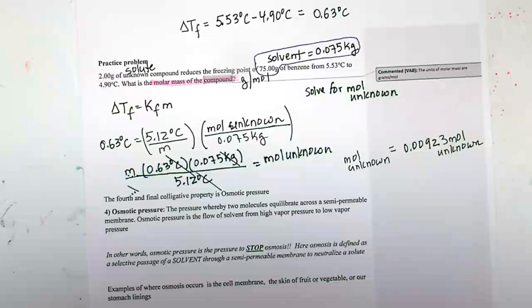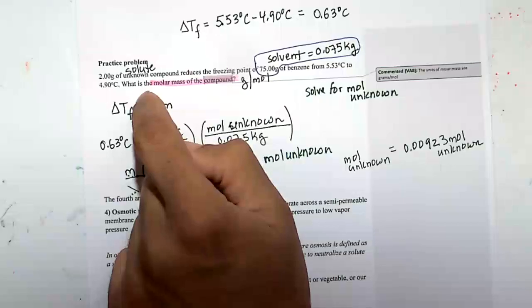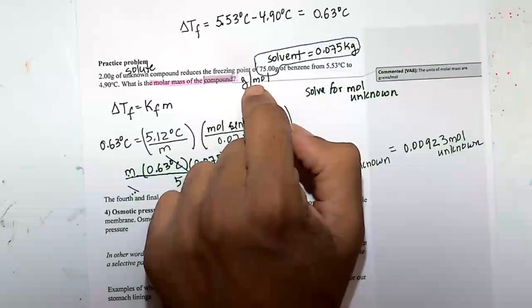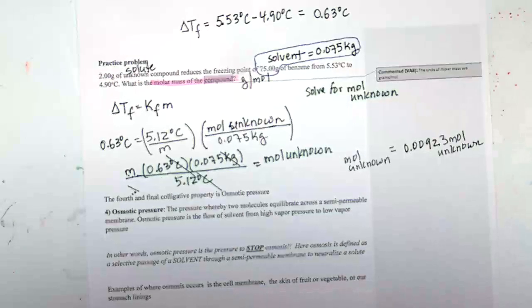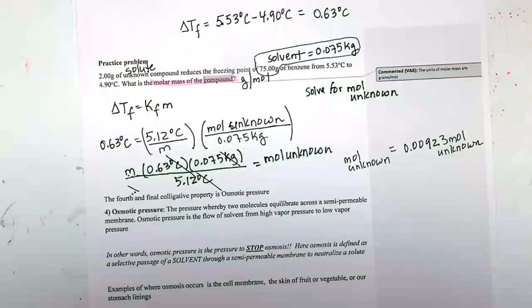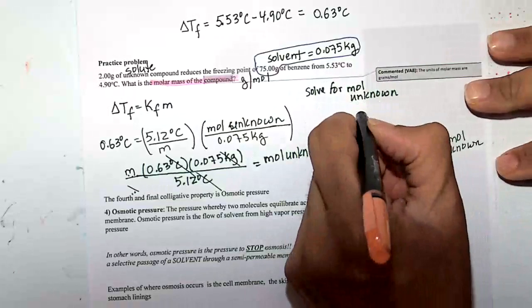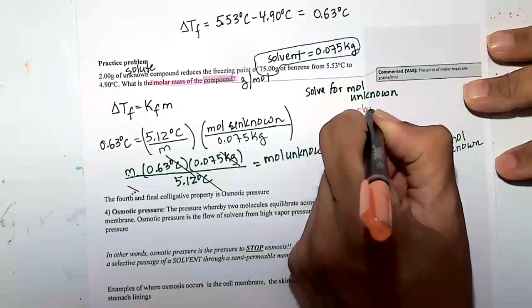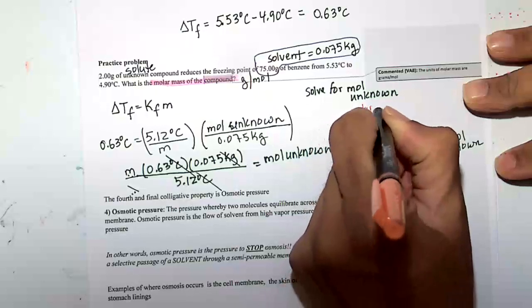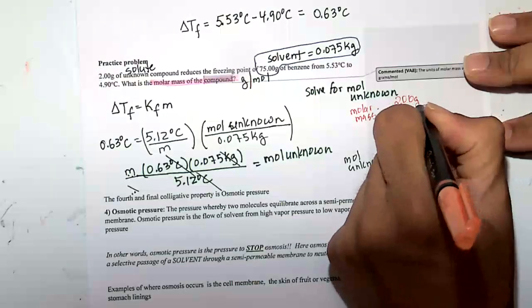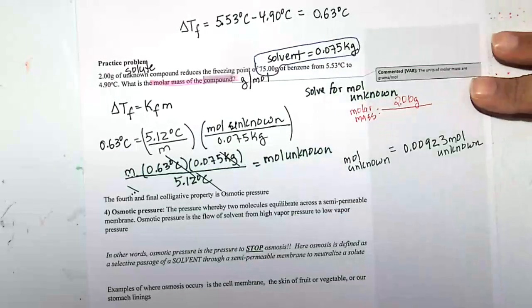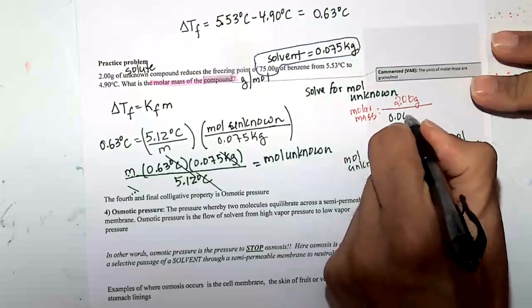So to get this problem, how will we get our molecular weight? Remember our units: the units of molecular weight are grams over moles. So we have 2 grams, which is our unknown, divided by 0.00923 moles.